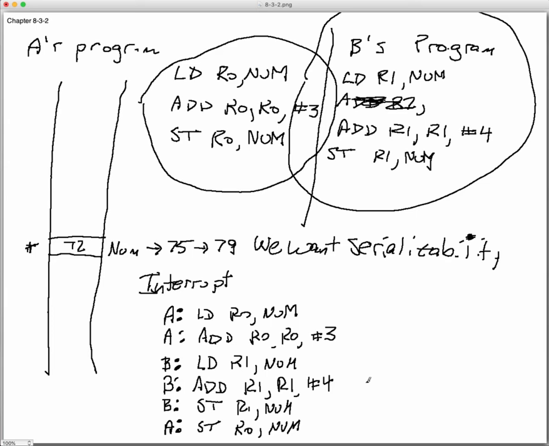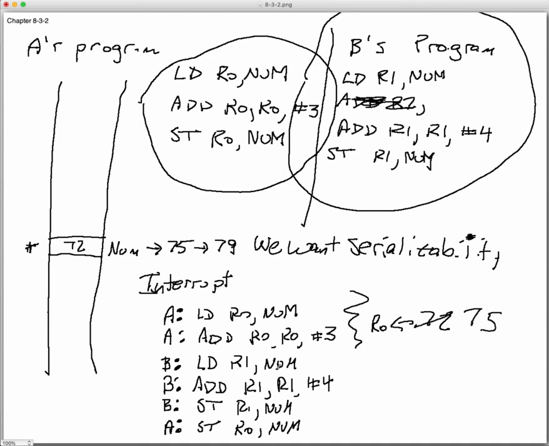Now I think you can see what the problem is here. What's going to happen is R0 is going to get a 72. And then R0 is going to become 75.